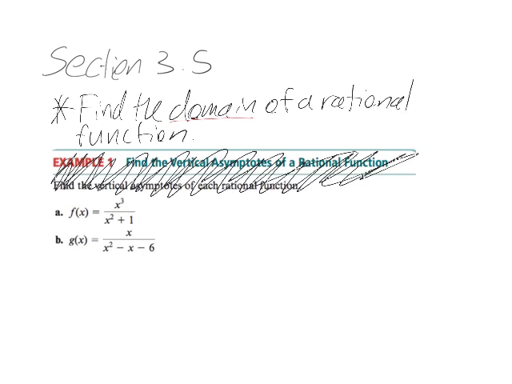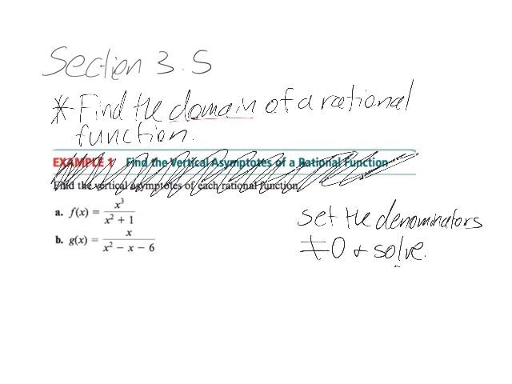The way we looked for that is we set the denominators not equal to 0, to drive home the point that we don't want them to be 0, and we solved them.